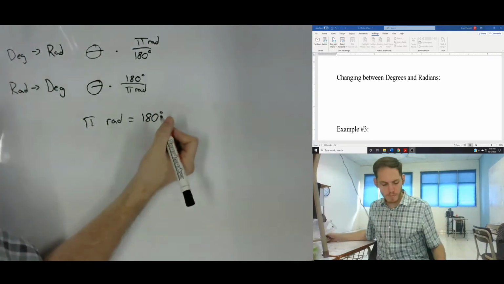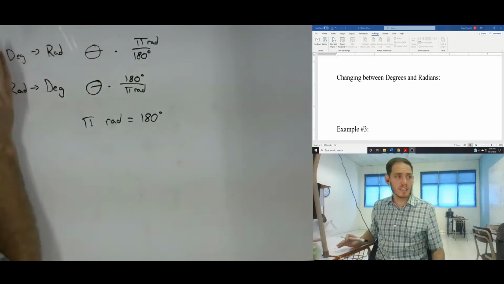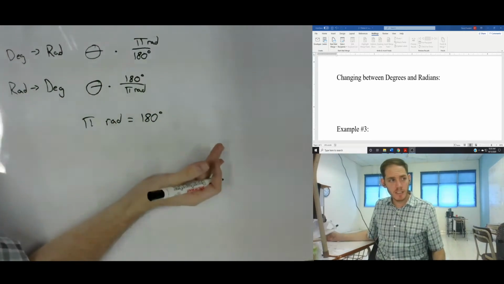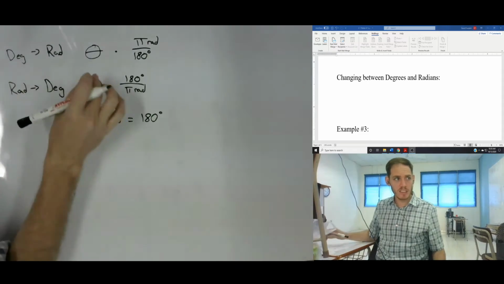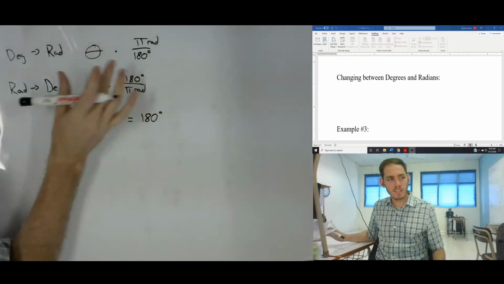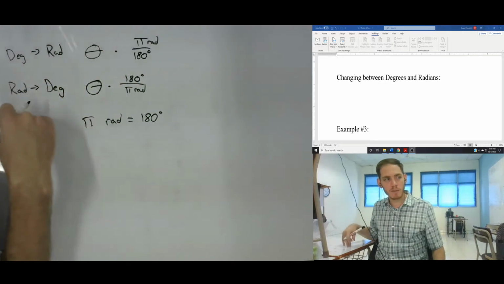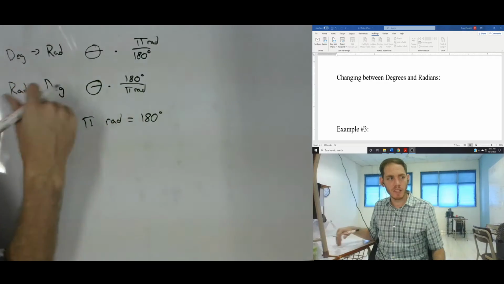So this is what we're originally going to look at. I'll give you some practice problems to practice it: transferring an angle from degrees to radians, and from radians to degrees.